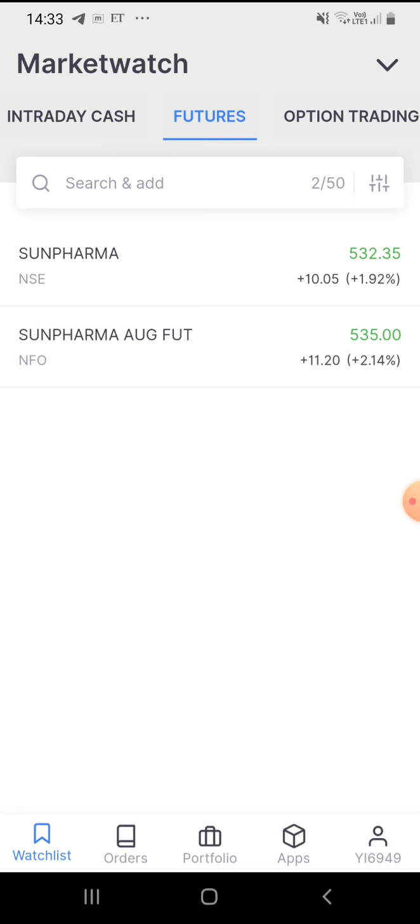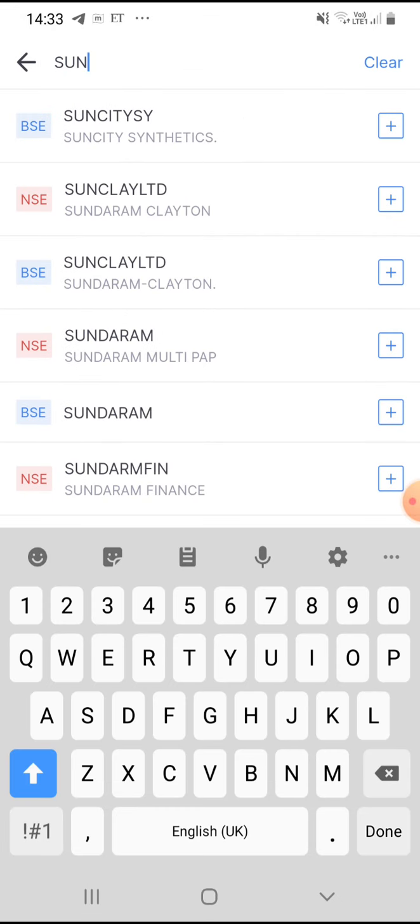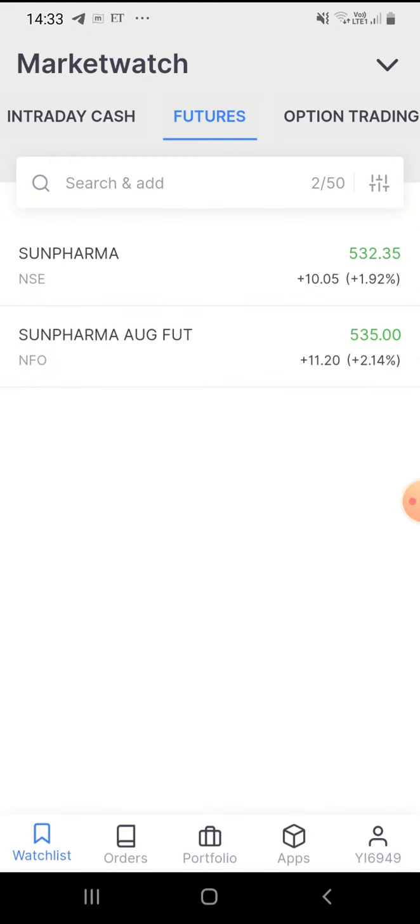Those are a few examples to show how it really works. The Sun Pharma is the example, so we are taking the option. There are a few criteria for selecting options.